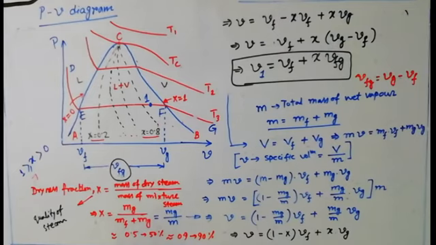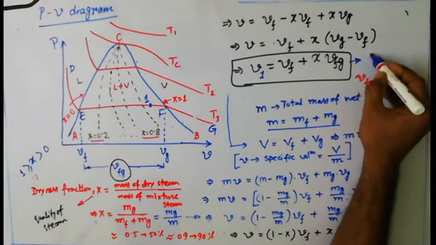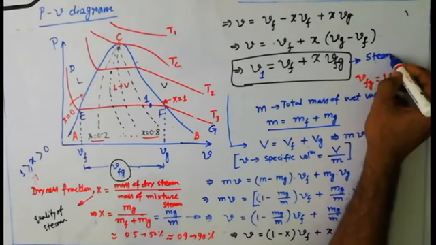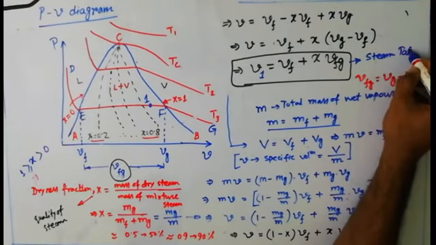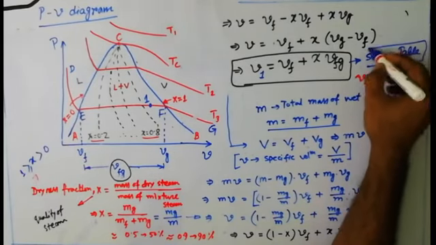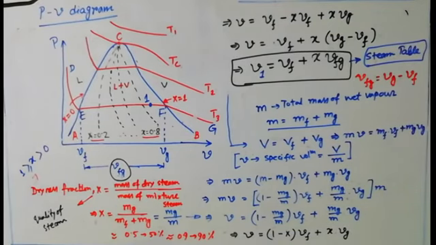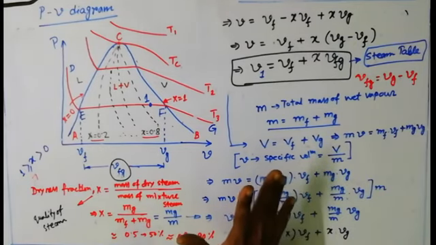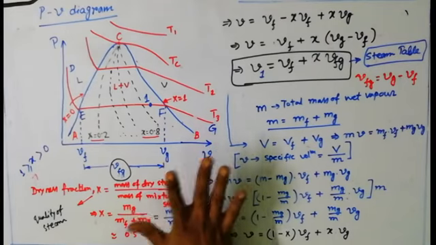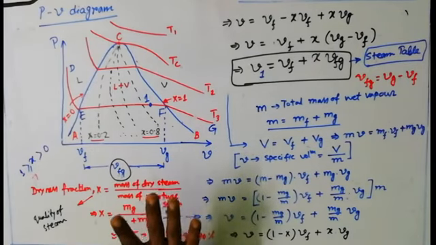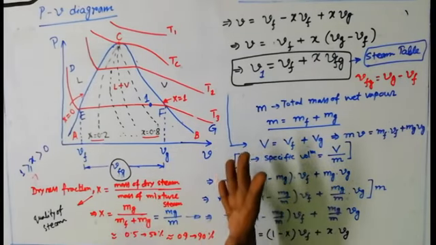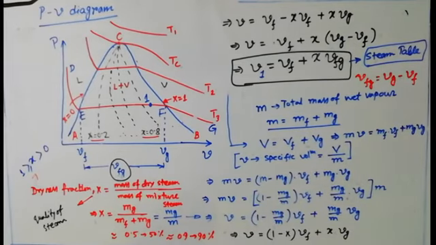These values Vf and Vfg, the specific volumes, can be found easily from the steam table, that is the property table of water. The steam table helps us find all thermodynamic properties like specific volume, enthalpy, entropy, internal energy, for water particularly. You can also find this data for any refrigerant gas, since refrigerant tables are also there.